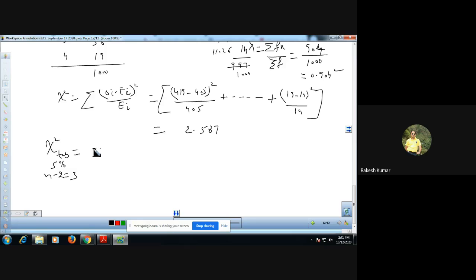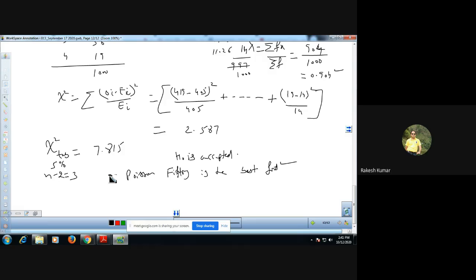The table value is 7.815, and the calculated value is less than the table value, so the null hypothesis is accepted. That fitting is the best fit. Poisson fitting is the best fit in this case.